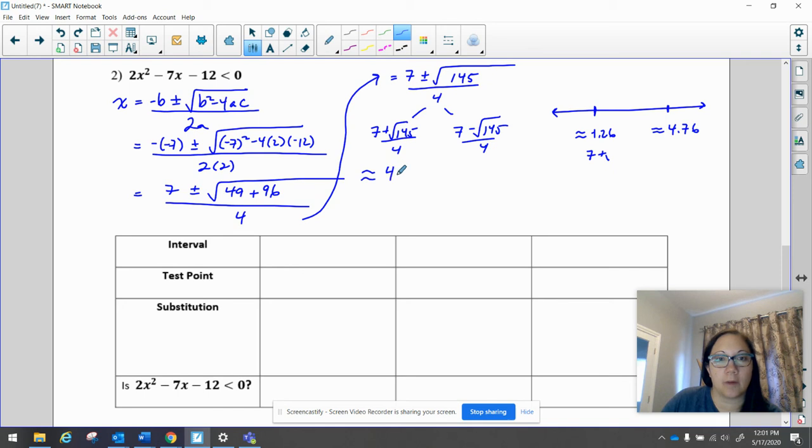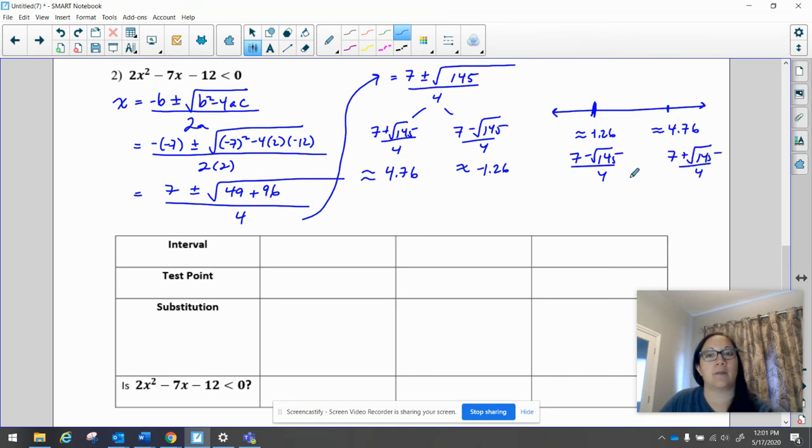So this one was the 4.76 and this one was the negative 1.26. Technically this point isn't negative 1.26, it's 7 minus root 145 over 4, and this one's technically 7 plus root 145 over 4. So to be ultimately correct, that's how we have to write it.